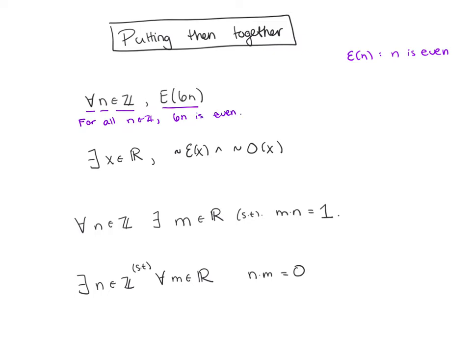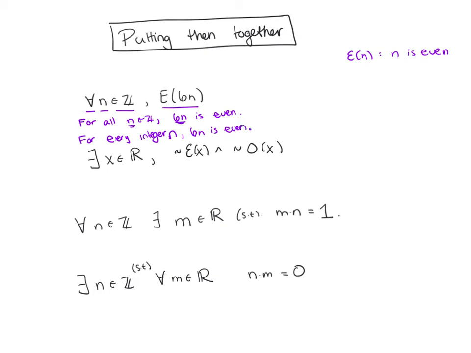And if I want to be a little more colloquial with that, I can say every integer, but then I need to be able to refer to that integer later. So for every integer, right, we kind of update this as we go. I need to name that integer something so I can refer to 6 times it later. So for every integer n, 6n is even.